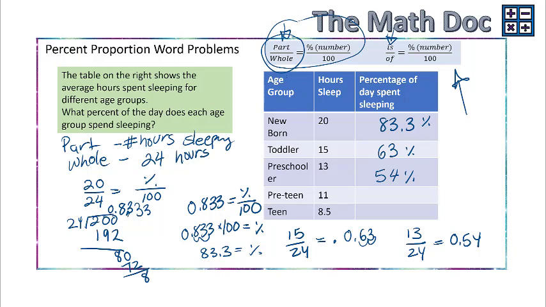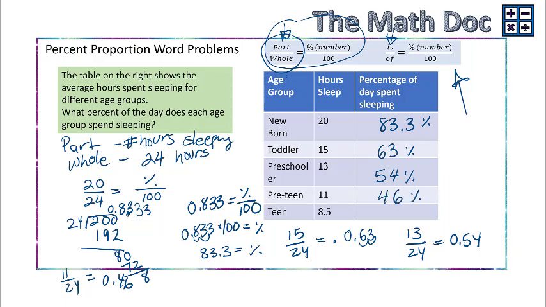For the final two, we have 11 hours, so we have 11 divided by 24. That's already less than half, right? Because 12 is half of 24, so we know that'll be less than 50%. 11 divided by 24 is just 0.46, so we have here 46%.